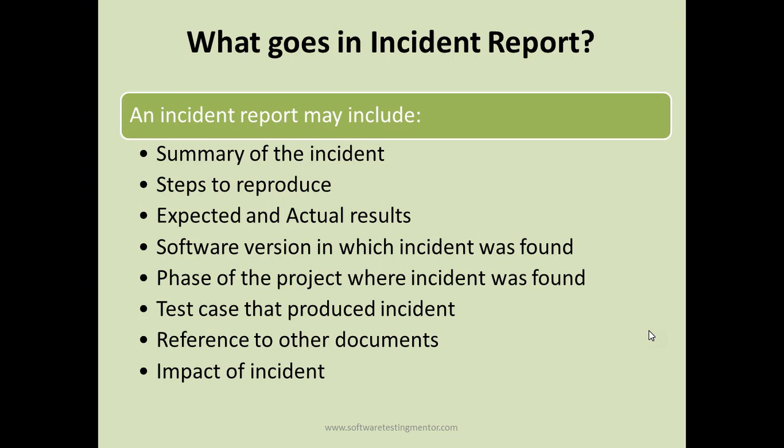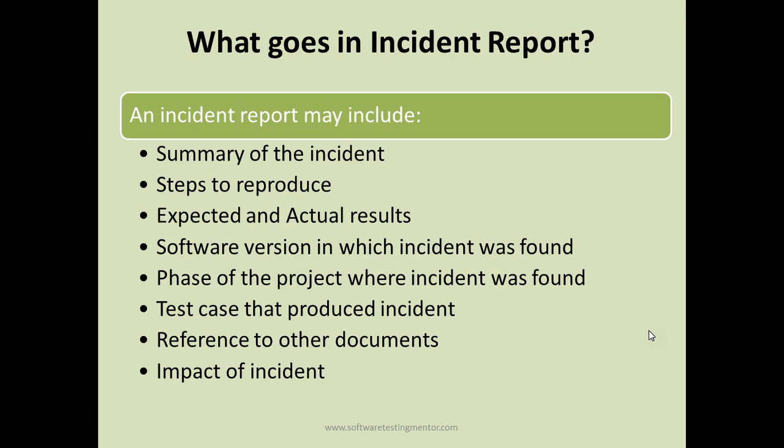Then you need to mention the software version in which the incident was found, and the phase of the project where the incident was found. For example, was it the functional testing phase, the system testing phase, the user acceptance testing phase, or the maintenance phase? Then the test case that produced the incident: you need to mention which test case you executed which produced the incident.